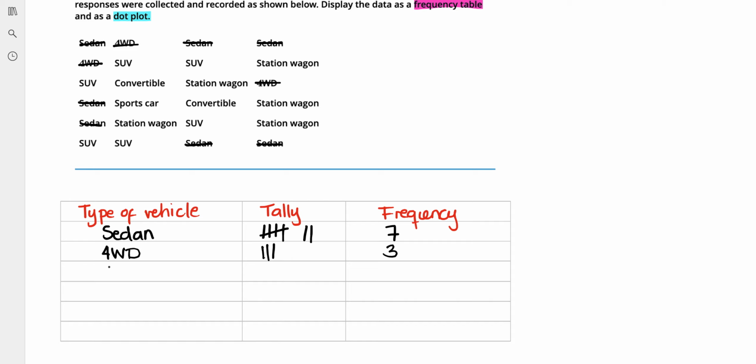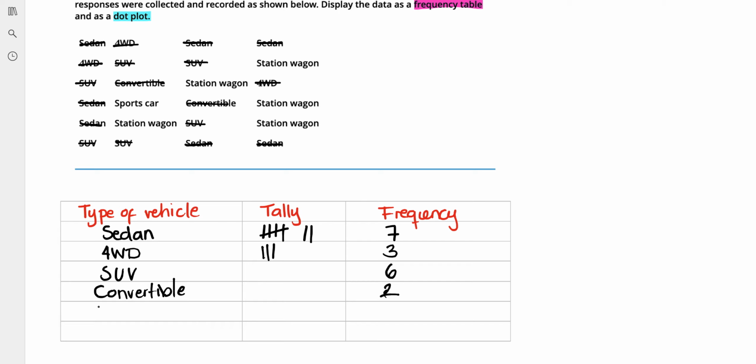Okay, SUV, the next one. 1, 2, 3, 4, 5, 6, and that's it. You see? Here I didn't use the tally. You decide which one is better for you. Convertible. So 1, 2, and that's it. 2.